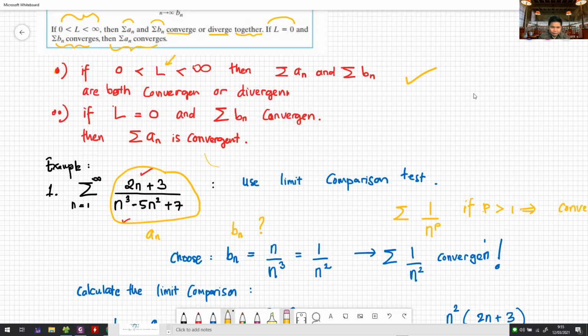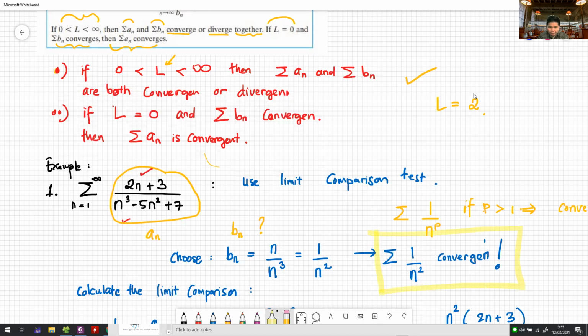For example, this one. Because our L is actually 2, and it is between this one. Jadi artinya apa? Kalau BN-nya divergen, sorry. BN-nya apa tadi? Bukan divergen, tetapi konvergen. The BN is actually convergent.